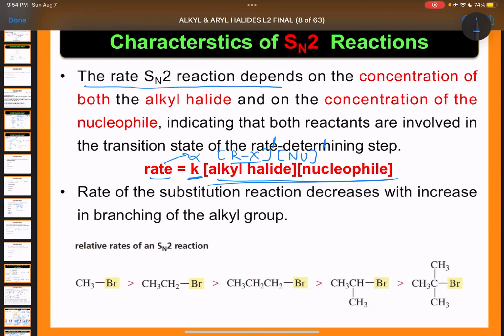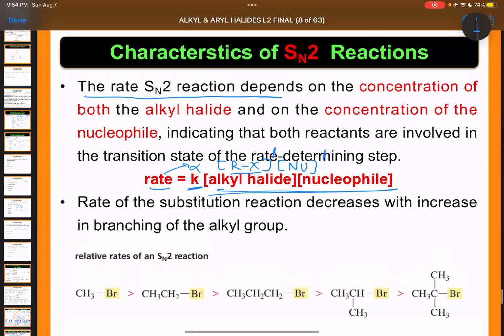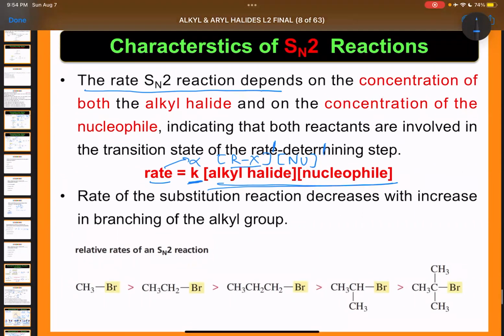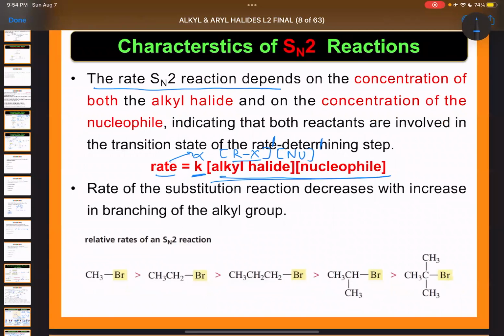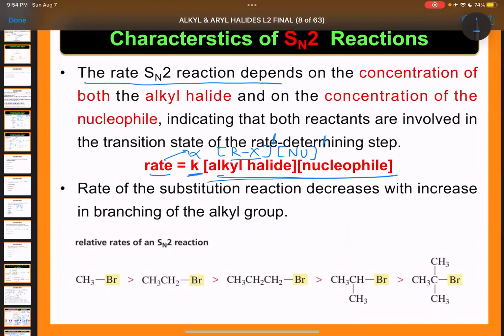If you increase the concentration of substrate, it will become faster. Because if you have more substrate molecules, more collisions can happen because they are more in number, so more nucleophiles can come and attack them.